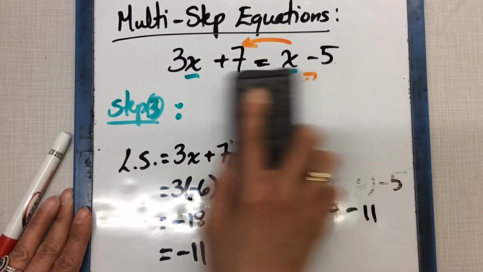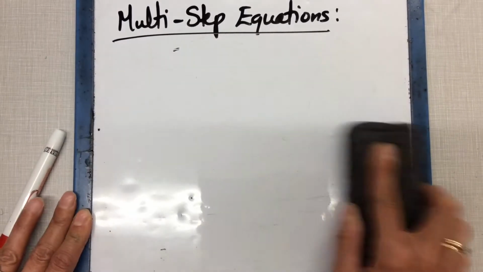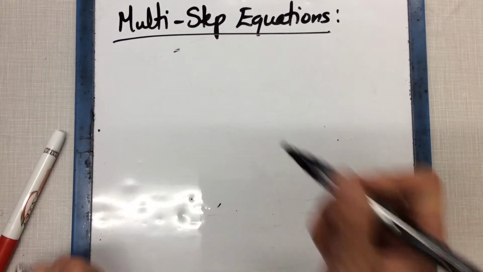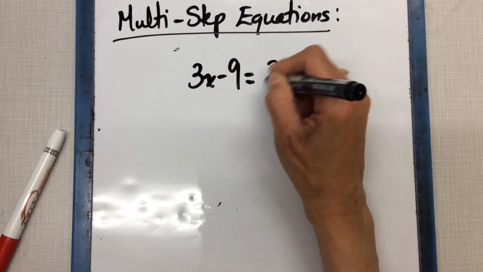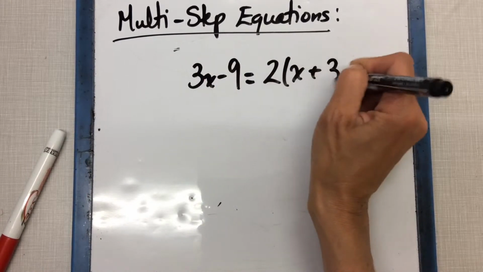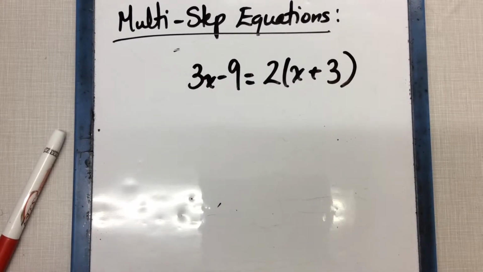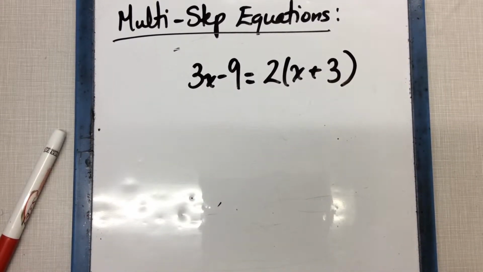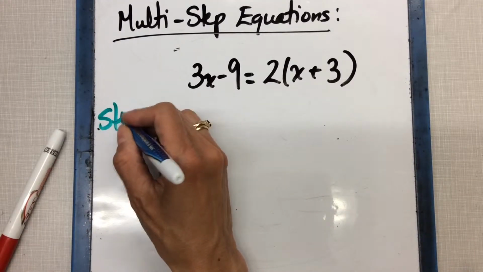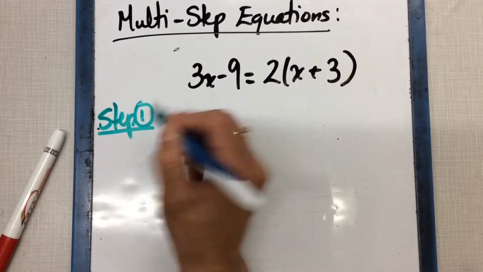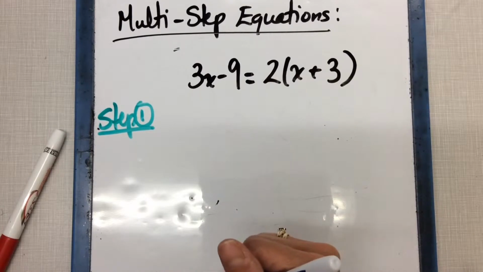Let's try another one. Now, here we're going to add a step. What we're going to add is a step 1, which is before what we did in the other question.